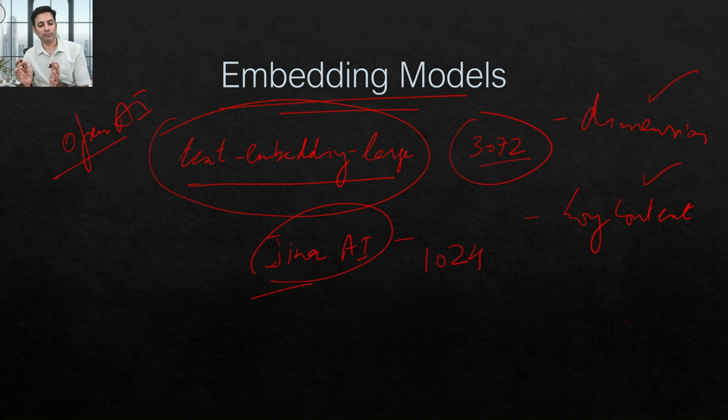For most cases we can go with a proprietary model, as they are pretty cheap, but we can also train models. Jina AI's embedding model is open source, so we can use it, and we can always fine tune it for our use case.